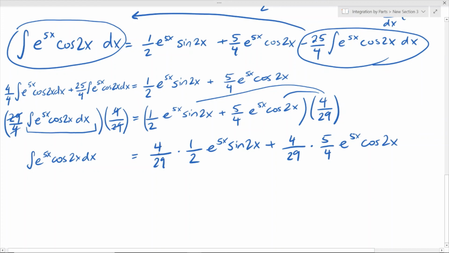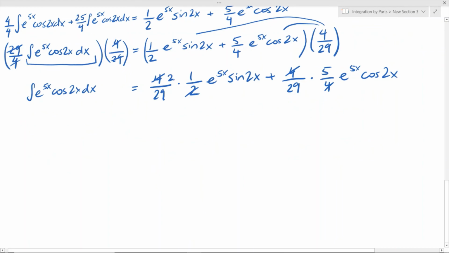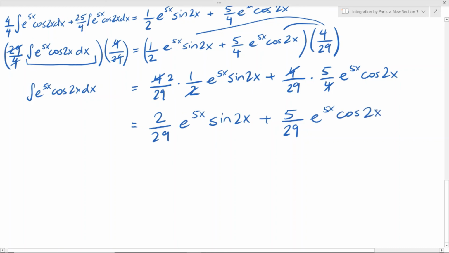And now we can just simplify this, so divide by 2, we get 2 here, divide by 4, so cancel. And this here basically gives 2 over 29 times e to the exponent of 5x sine 2x plus 5 over 29 times e to the exponent of 5x times cos 2x.